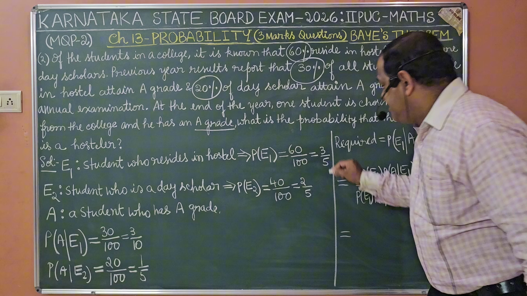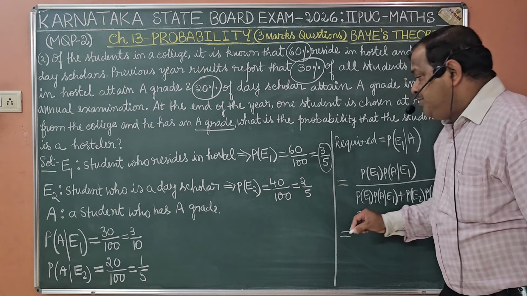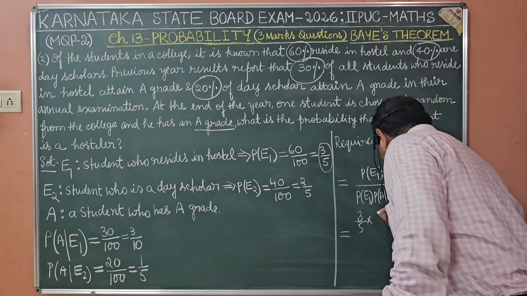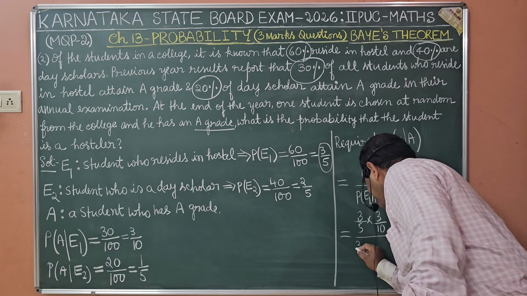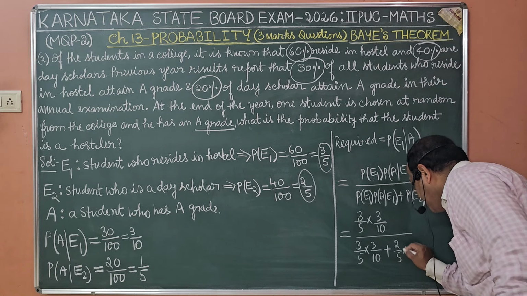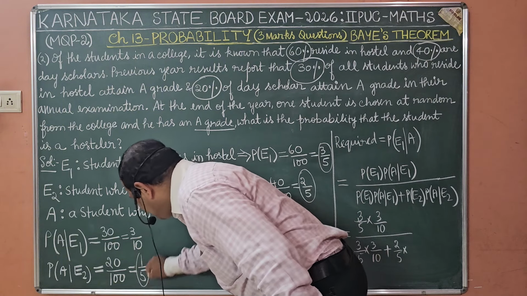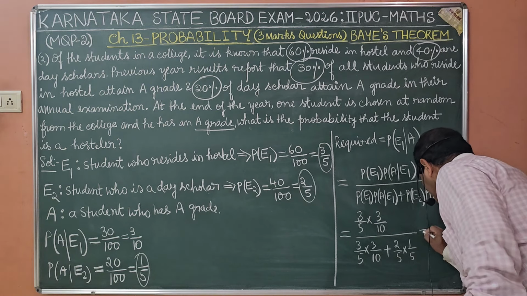Say P of E1 here 3 by 5 into P of A given E1 3 by 10, divided by, this is P of E1 3 by 5, P of A given E1 3 by 10, this plus P of E2, see 2 by 5 into P of A given E2 is 1 by 5, and this we can calculate. I'll continue. It's a simplification over here.